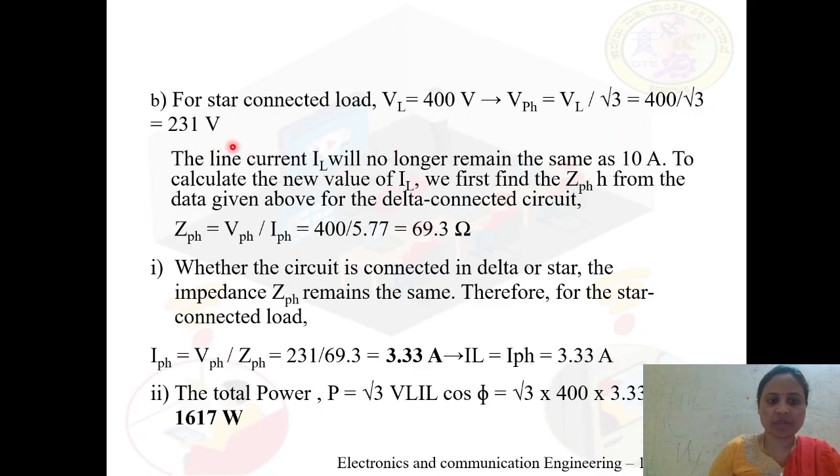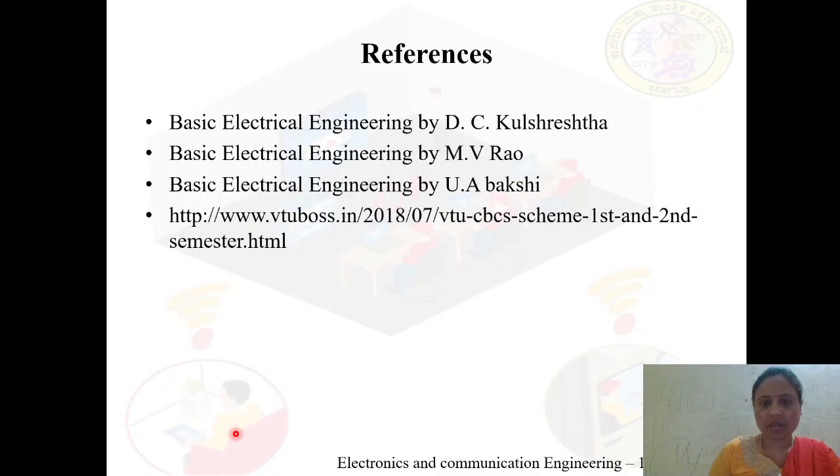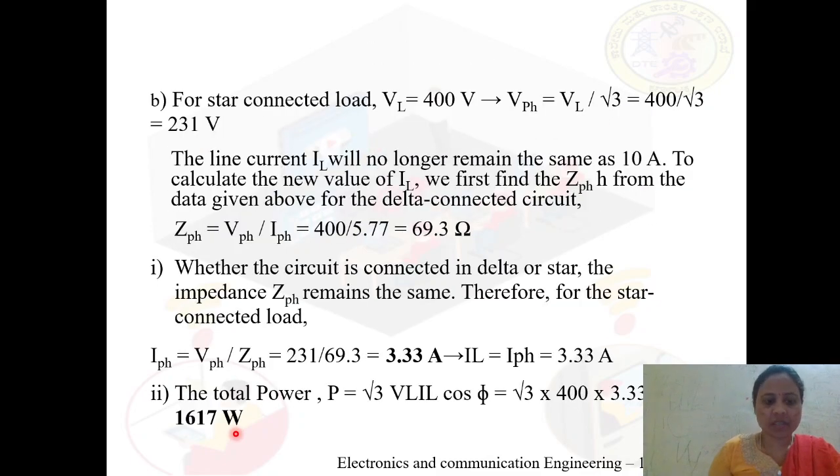From this we can calculate VP as 231 volts, and IL is different here. Therefore let us first find ZPH as VPH by IPH, and IPH is VPH by ZPH. So total power based on these two values, we can calculate it as 1617 watt. That's it. Thank you.